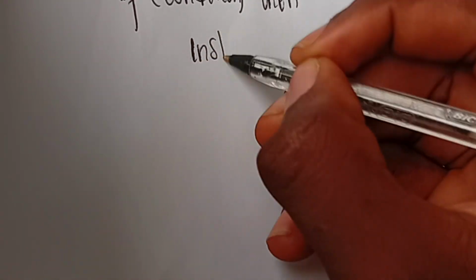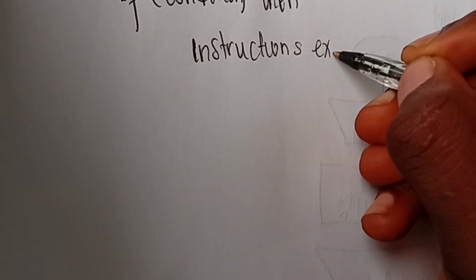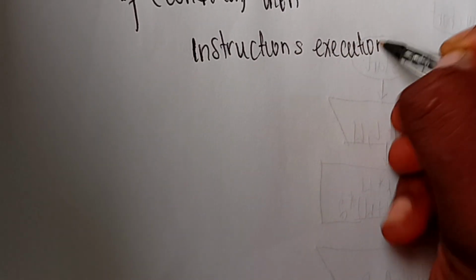So let's just say it's a basic if statement. If there's a certain condition here, if this condition turns out to be true, then a set of instructions are executed. So instruction execution.